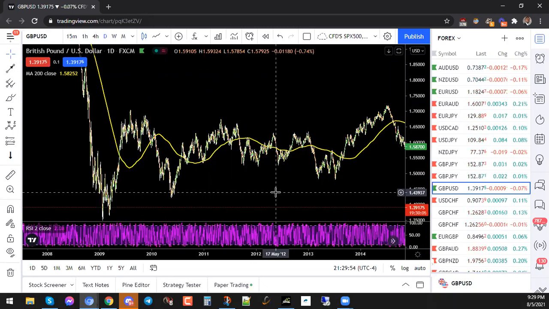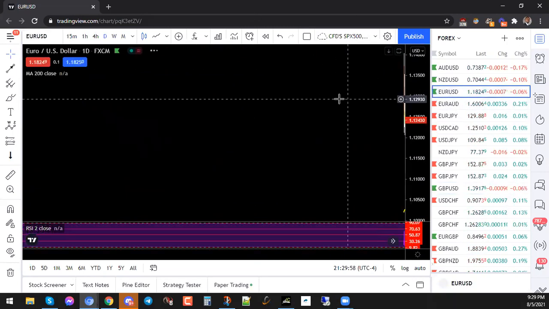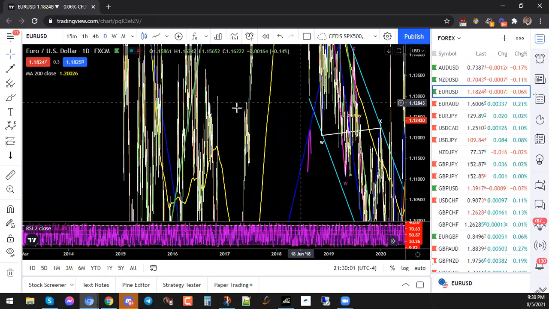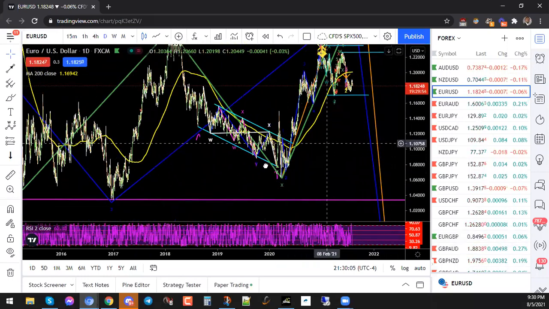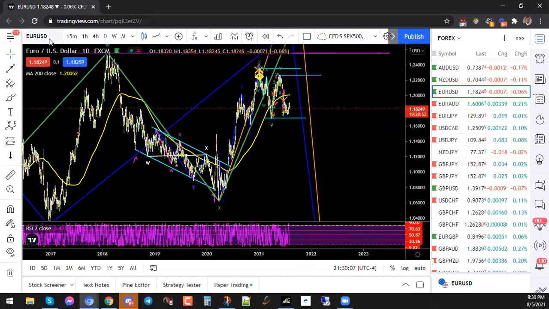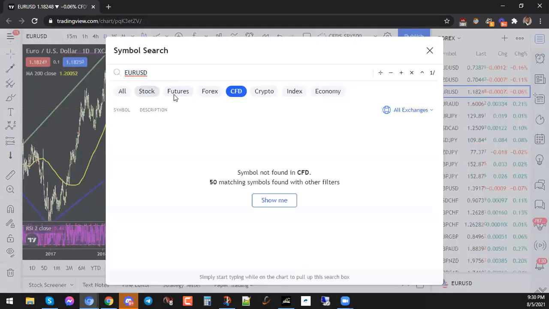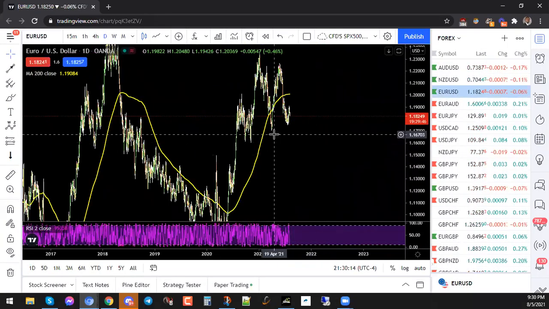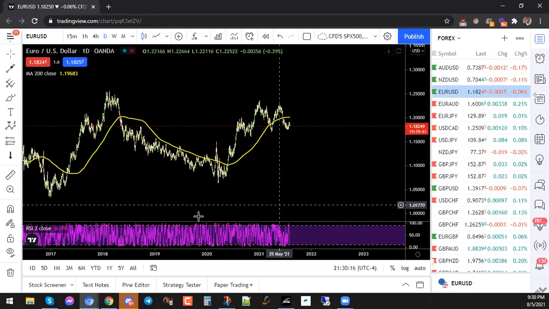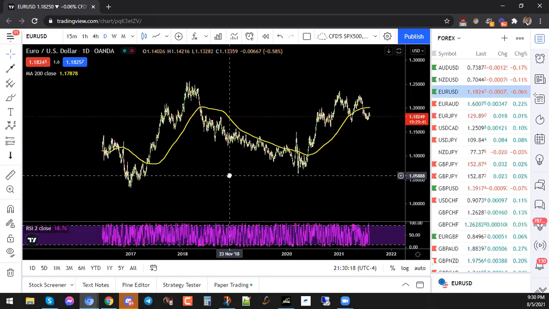Okay, I see Kevin says Euro USD. Let us go here. Okay, this one I have some markups on here as well. Let's just try a different data feed. Okay, so we have Euro USD, as everyone can see.